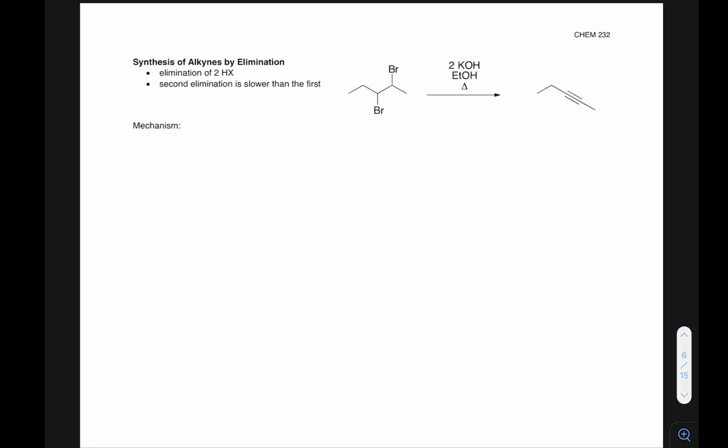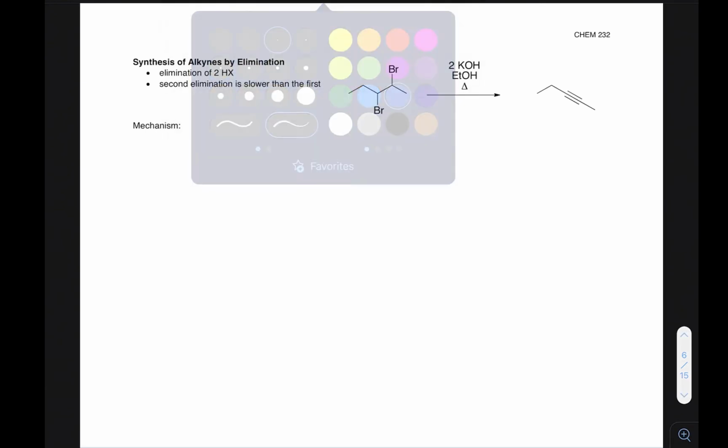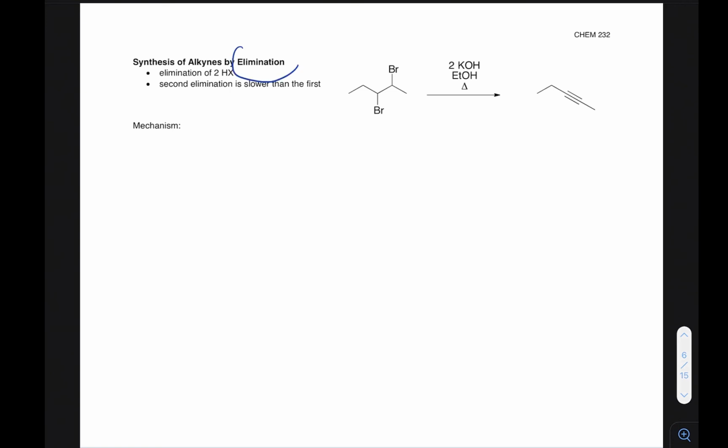So for this last way to make alkynes, we've seen alkynes attached to things, but now we're going to look at a way to make an actual alkyne, starting from an alkane. And one way we can do that, similar to what we learned in Chapter 7, is by doing an elimination reaction. And we can see here, on our reaction arrow, that we have all the conditions set up to do an E2 reaction.